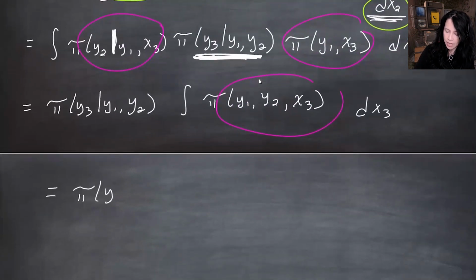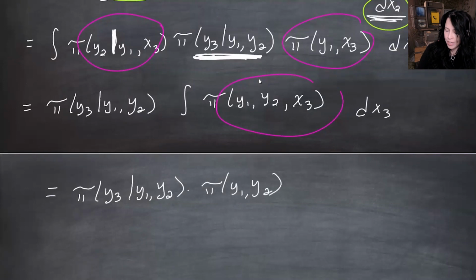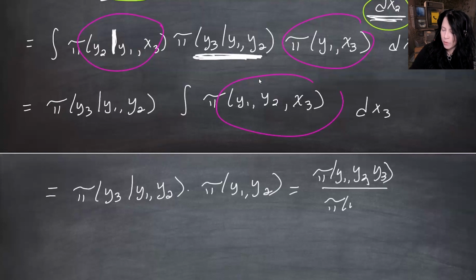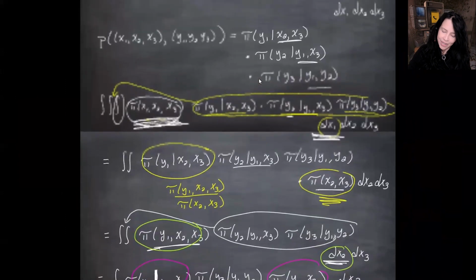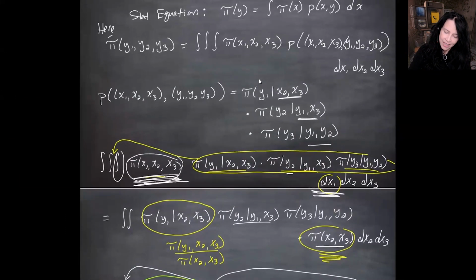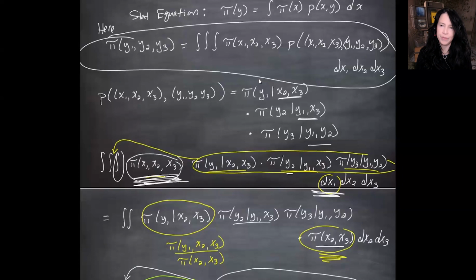So I get pi y3 given y1 and y2 times pi y1, y2. The first one being pi of y1, y2, y3 over pi y1, y2, and a pi y1, y2. So we've got pi of y1, y2, y3, and that's what we wanted because we were trying to show this, and I started with the right-hand side.